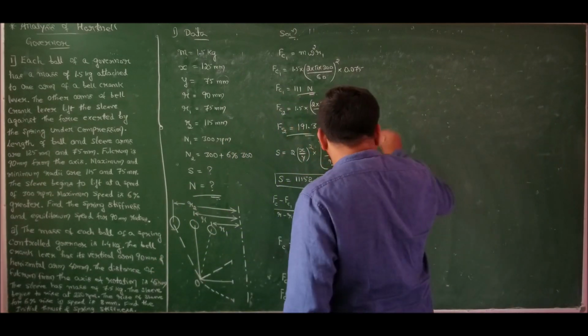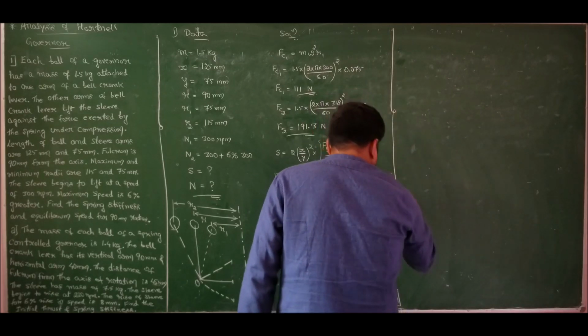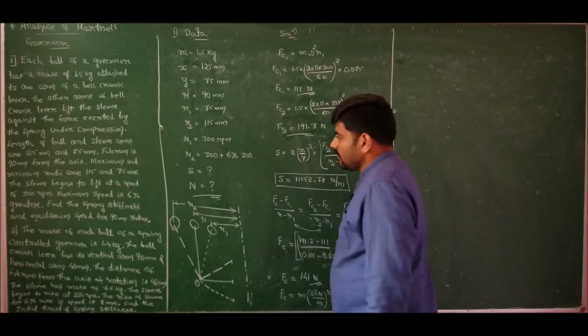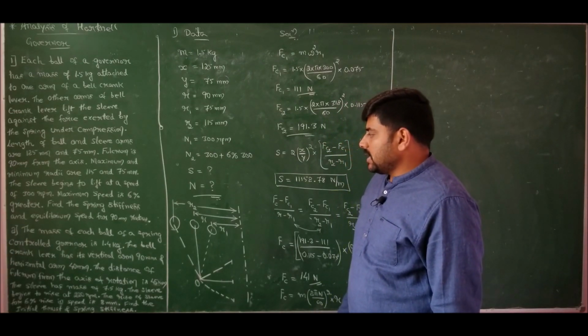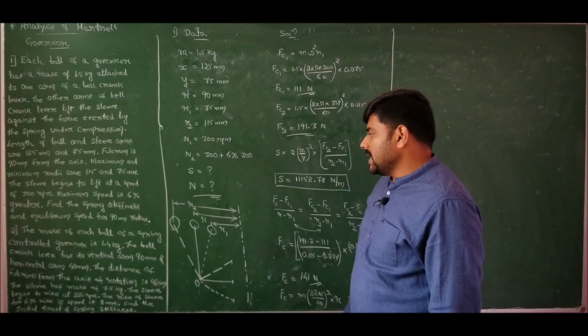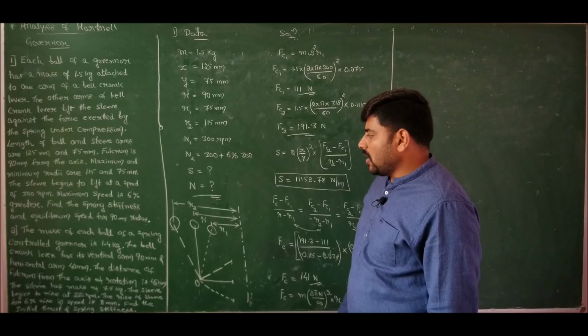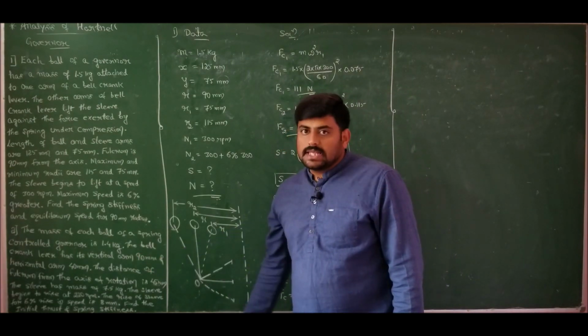Now if we move to problem number 2 of our discussion, we have the mass of each ball of a spring controlled governor. A spring controlled governor is nothing but a Hartnell governor, and it is 1.4 kg. The bell crank lever has its vertical arm 90 mm and horizontal arm 40 mm, which are the ball arm and sleeve arm.